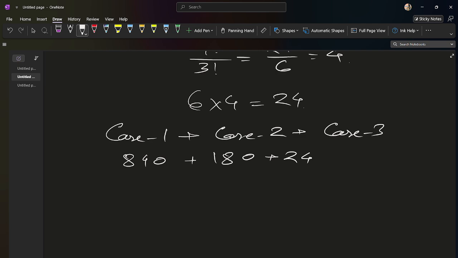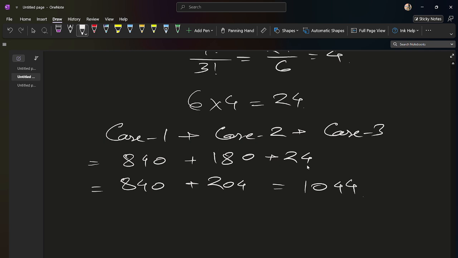So 180 plus 24 will be 204, plus 840 equals 1044. So the total number of arrangements will be 1044 for all valid cases.